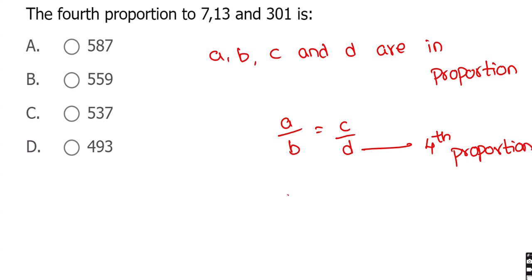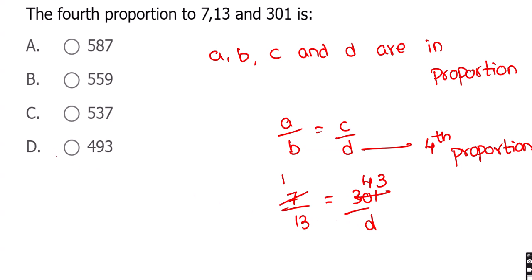So 7 out of 13 is equal to 301 divided by D. Here 7 times 43 is 301.